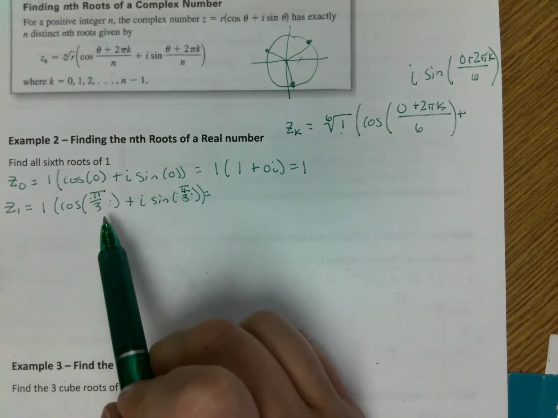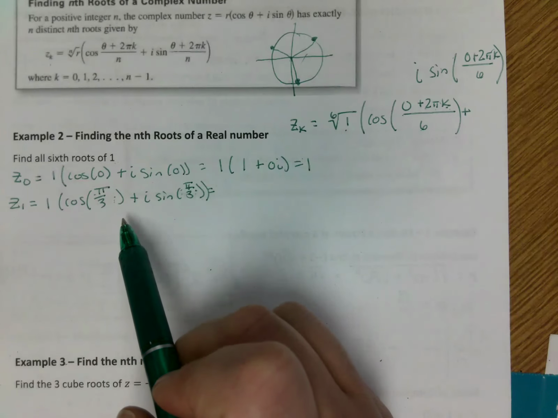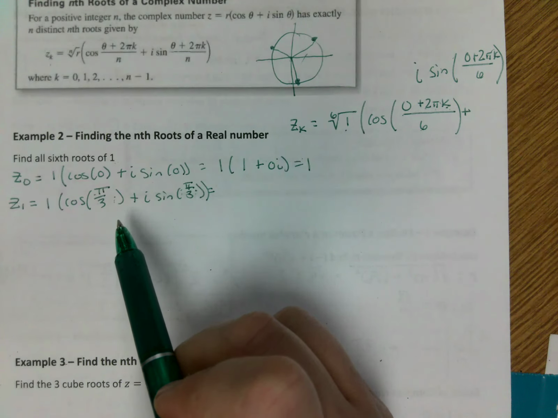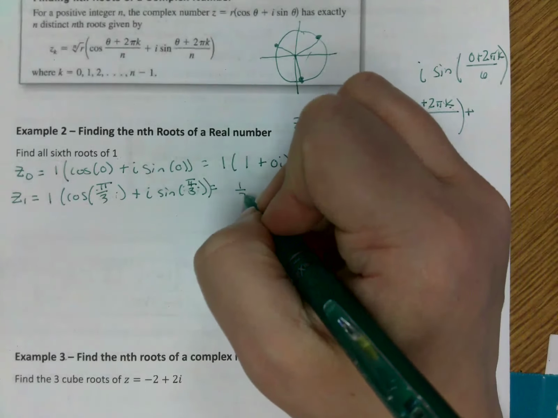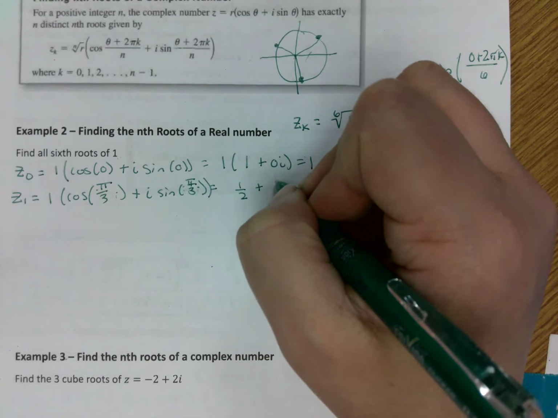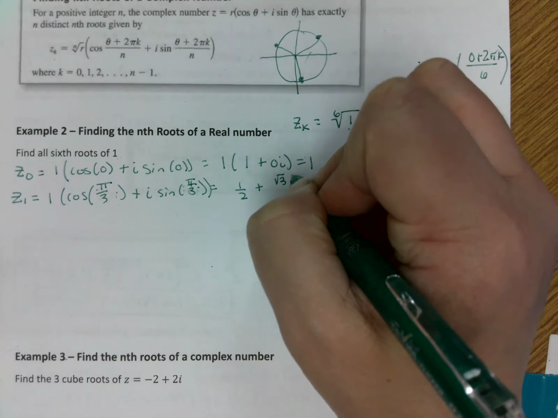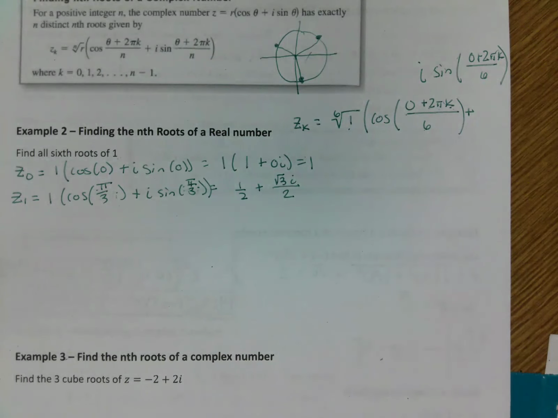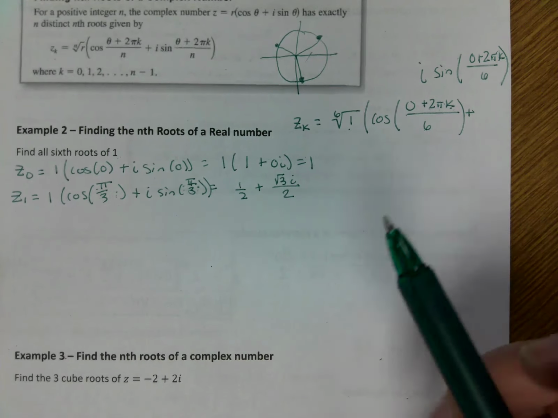So cosine of pi over 3, that's my adjacent. My adjacent is going to be 1/2, plus my imaginary would be my opposite, square root 3i over 2. So here are 2 of my 6 roots.